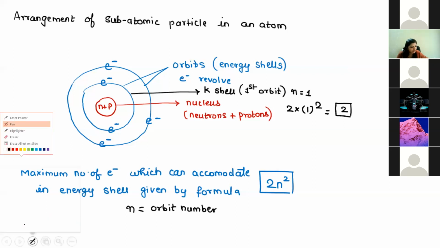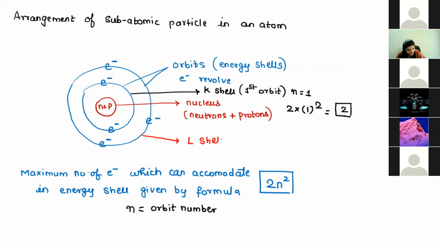Talking about the second shell. Second shell is L shell, second orbit. n is equal to 2. So 2 into 2 square, which is 2 into 4. So how many electrons in total? Maximum 8 electrons.